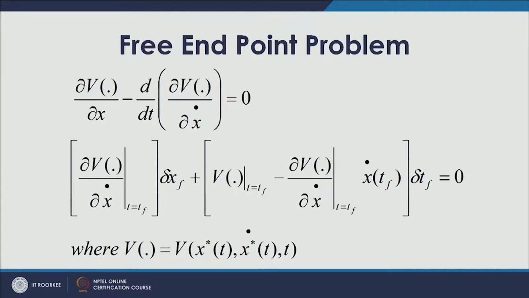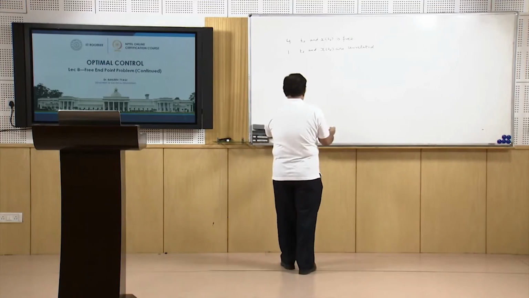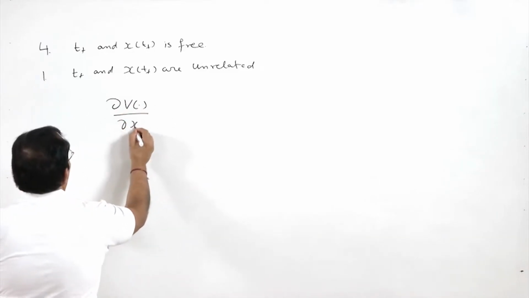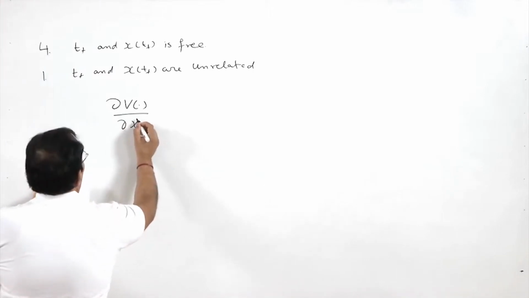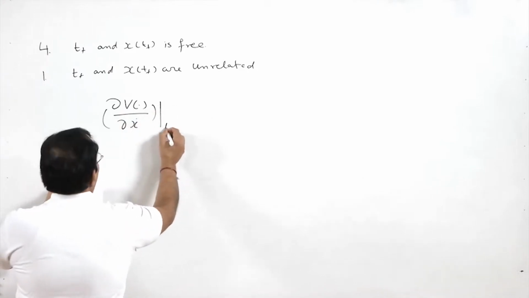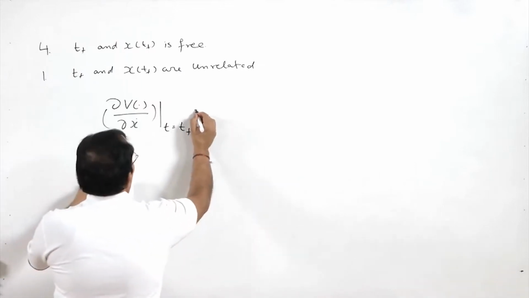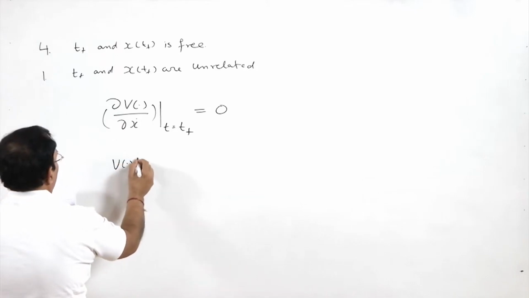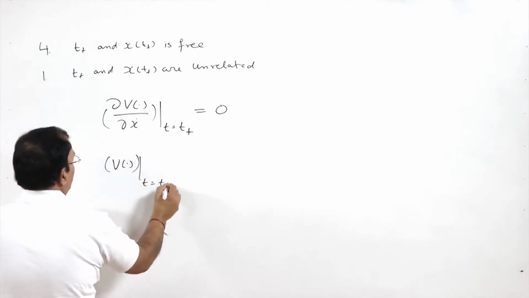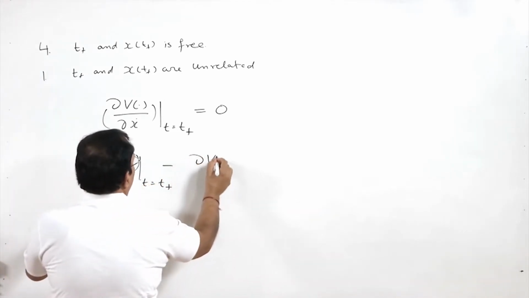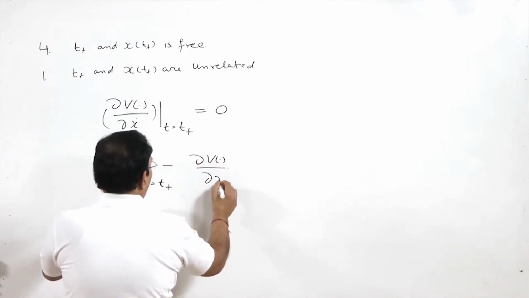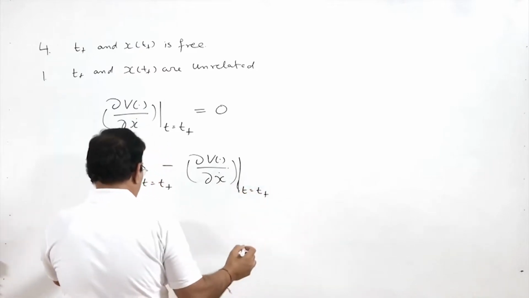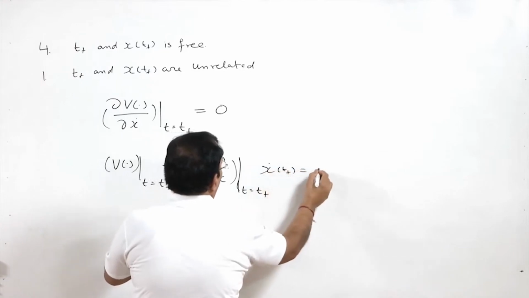So, in the first sub case, in which tf and x(tf) are unrelated, I can write del V by del x dot evaluated at t equal to tf, that will be 0, and V evaluated at t equal to tf minus del V by del x dot, again evaluated at t equal to tf, times x dot tf, that will be equal to 0.